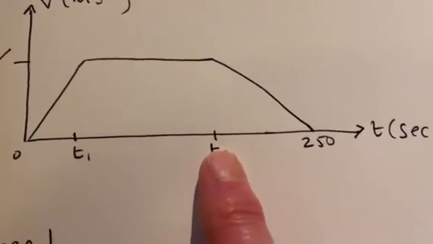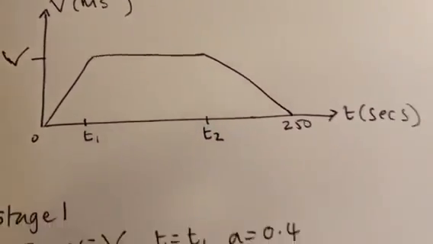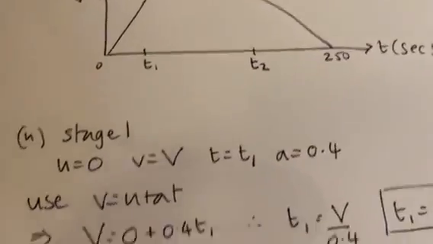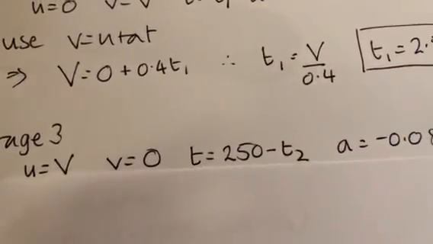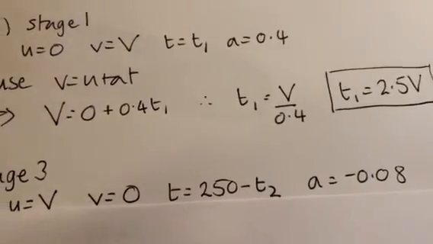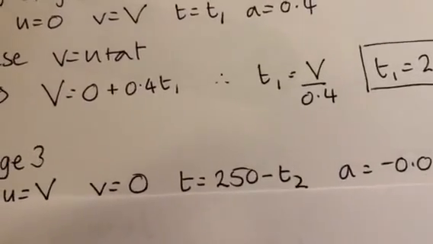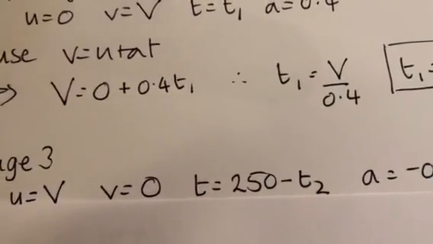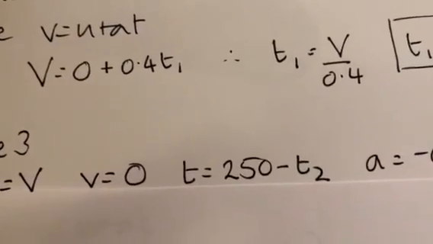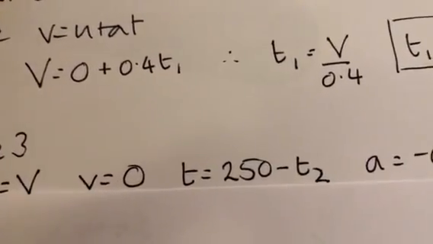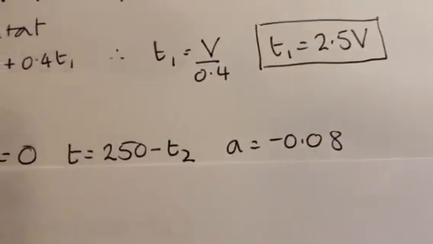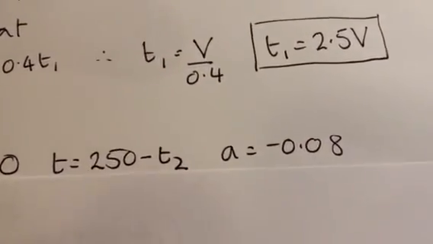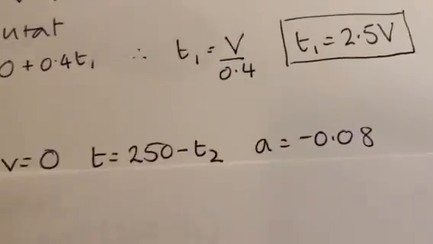Now I'm going to use SUVAT. For stage 3, the initial velocity at the beginning is capital V, the velocity at the end is 0, and the time taken is 250 take away T2 seconds. Because it's decelerating, that's a negative acceleration.